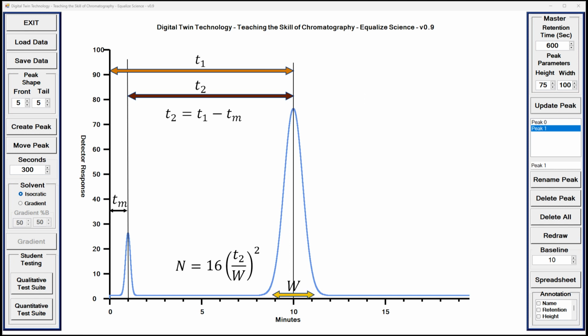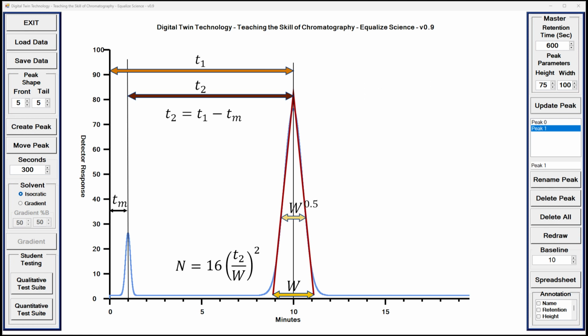The width of the peak, W, at the baseline is computed by drawing a straight line from the top of the peak to the baseline on both the upward and downward slopes of the peak. The peak width is arrived at by measuring this distance.